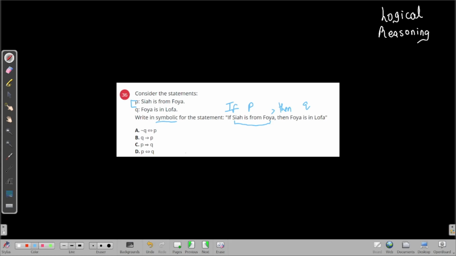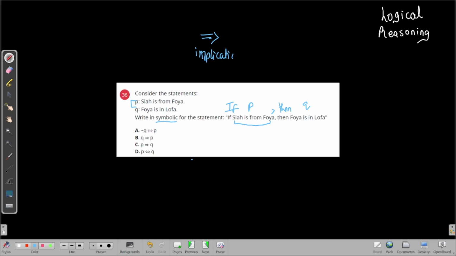The answer to this question, we are going to use a symbol to represent the statement if P then Q. The symbol that we use is this arrow here. We call it an implication arrow.